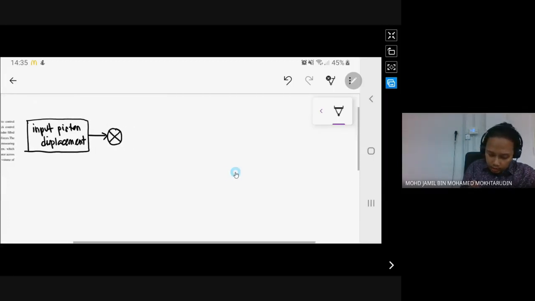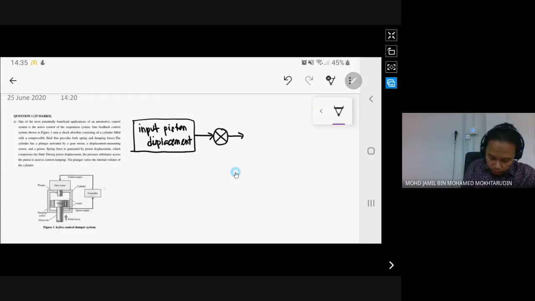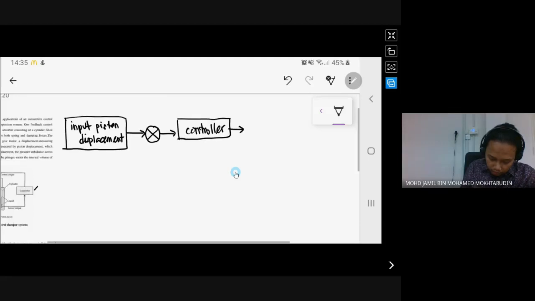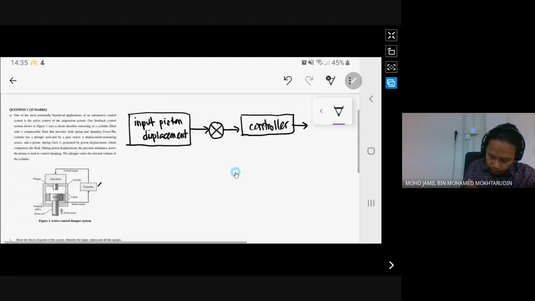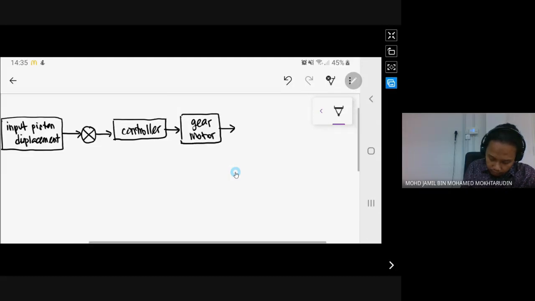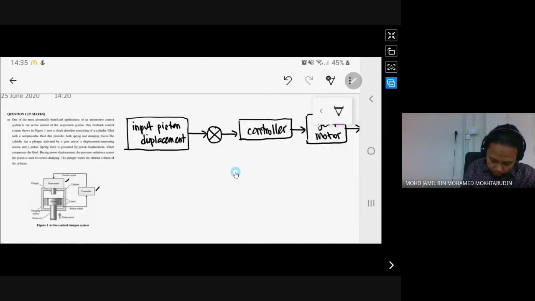After that, it will go into the controller, and then gear motor, and then piston.